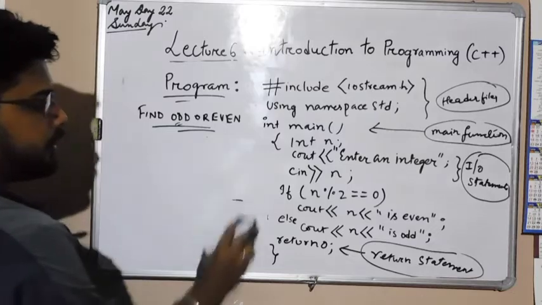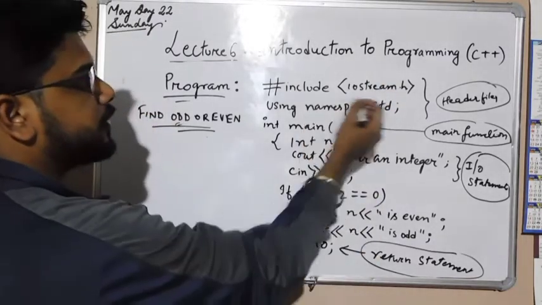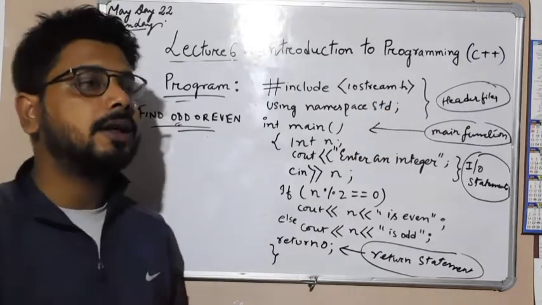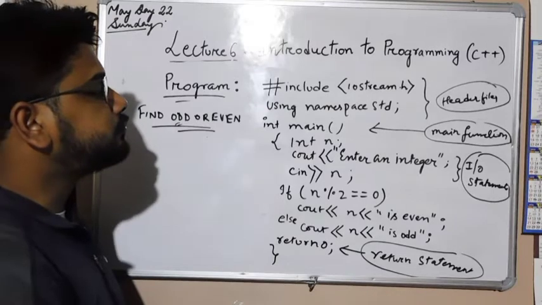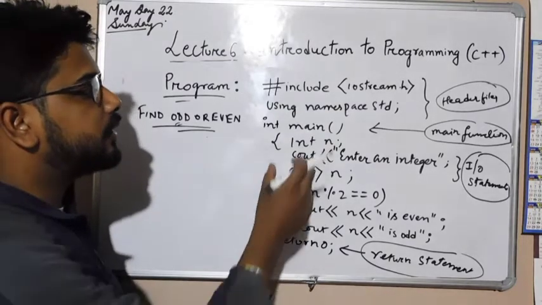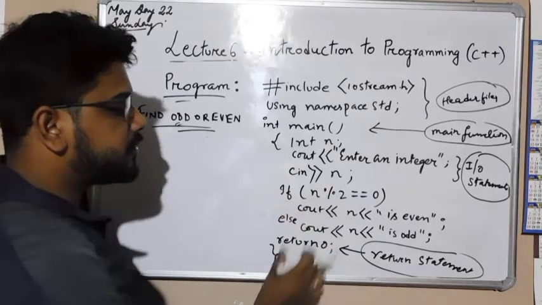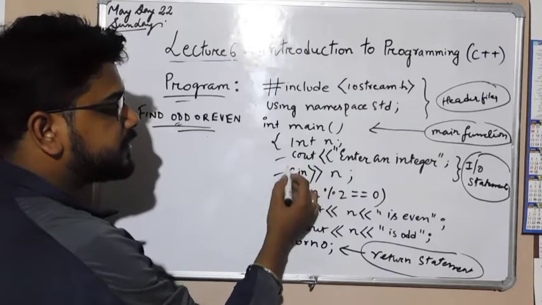Let's see the functioning of this program. Firstly, you have the header files. So what are header files? Header files are certain files which contain the functionality of various parts of the program. For example, cout and cin.